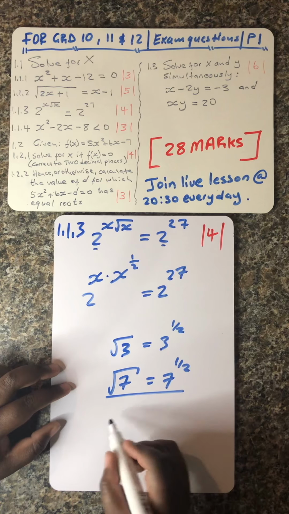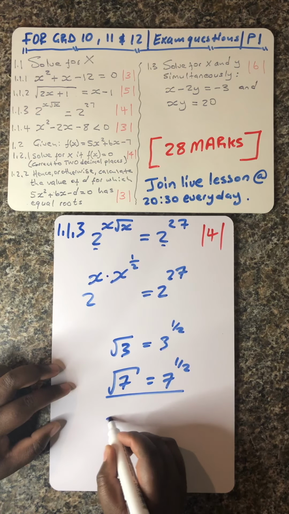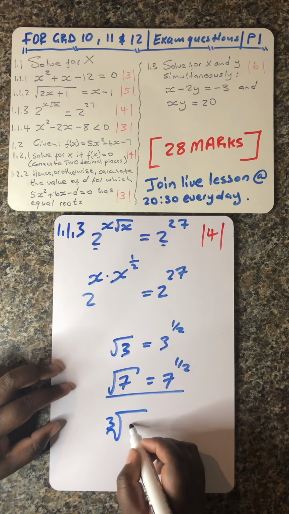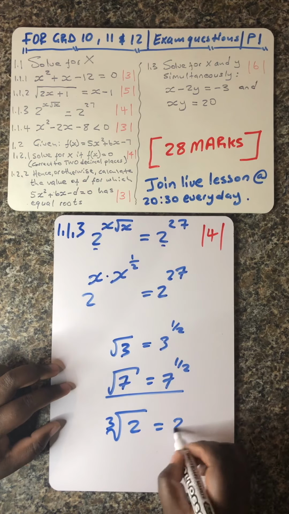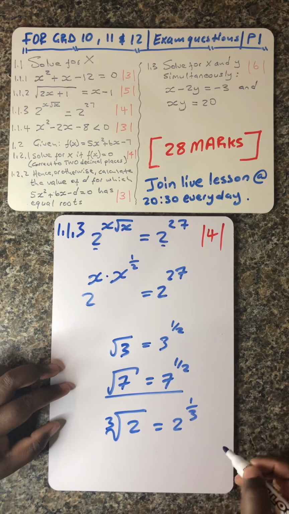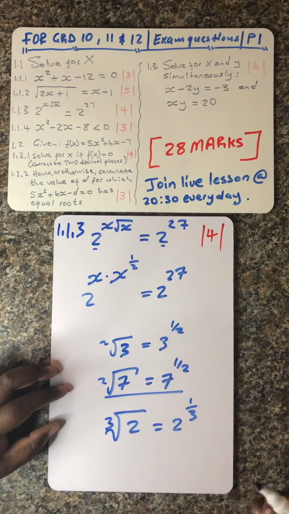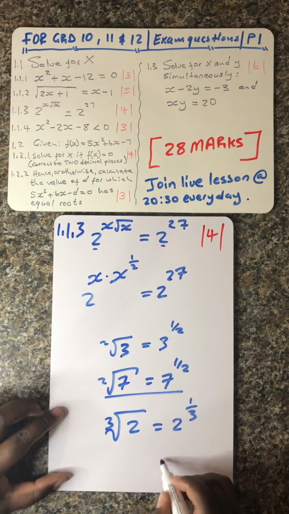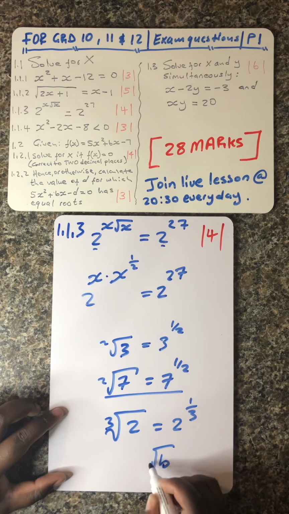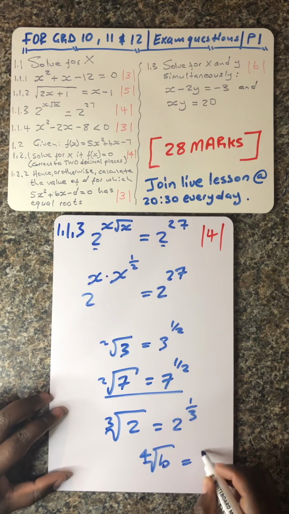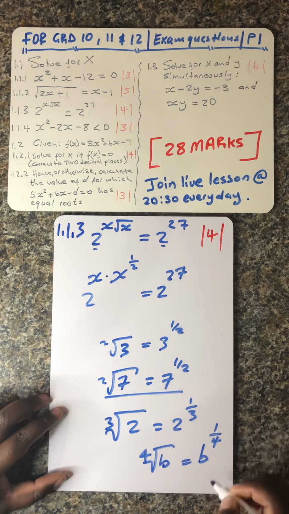Let's say, for example, the cube root of 2 is the same as 2 to the exponent 1 over 3. So it's more like there's a 3 there which is not written. If you've got the fourth root of b, this is the same as b to the exponent 1 over 4.